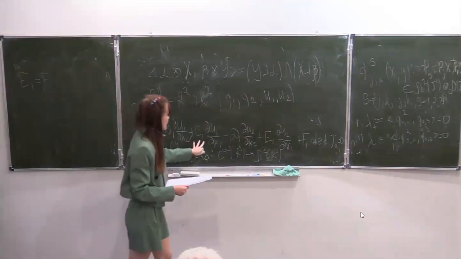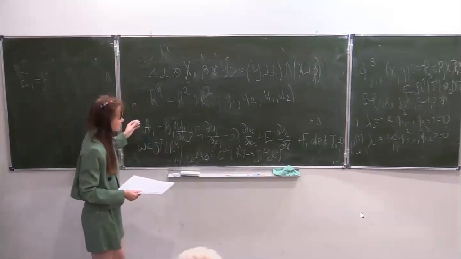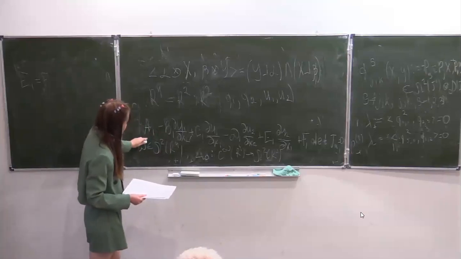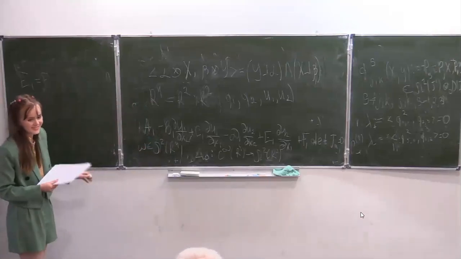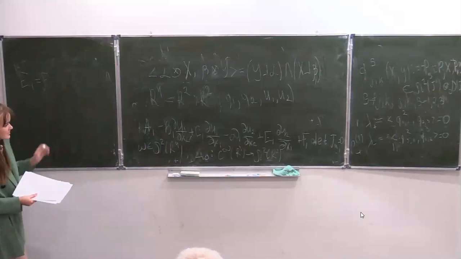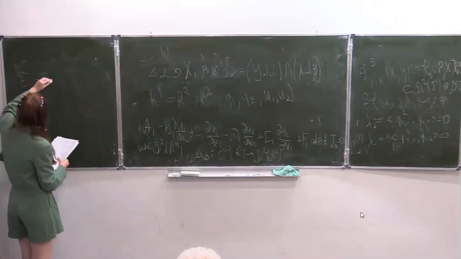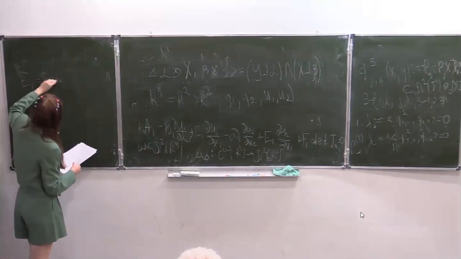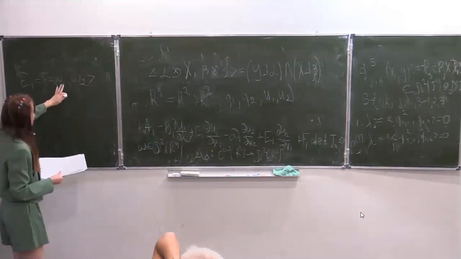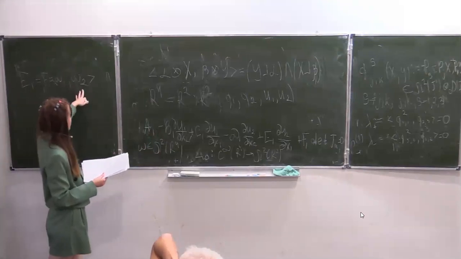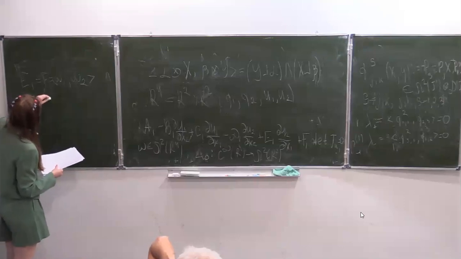It has two independent variables, and we have two equations in fact, a system of two equations. The first Jacobi equation defines two differential two forms, and we have the second Jacobi equation.